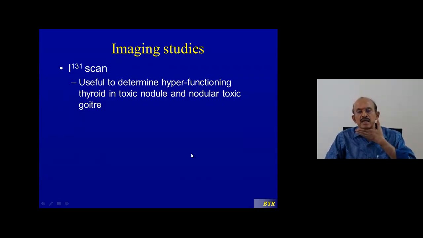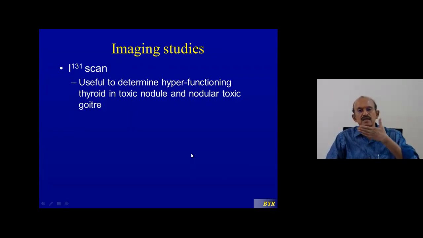So you can measure by looking at the radiation. If you keep a counter here which can measure radioactive emissions, then you can say how much radiation is being emitted by the thyroid gland. That depends upon how much iodine is being taken up by the thyroid gland.